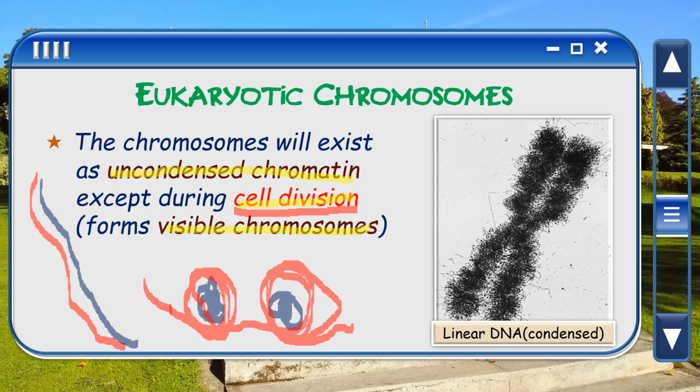But when it is undergoing cell division, then it becomes condensed. It is binding itself on the histone protein and it becomes condensed. Therefore, there it becomes like a chromatin.